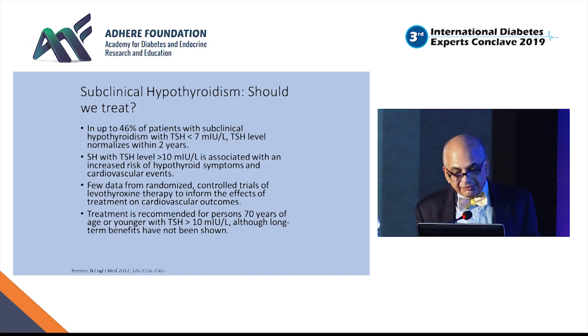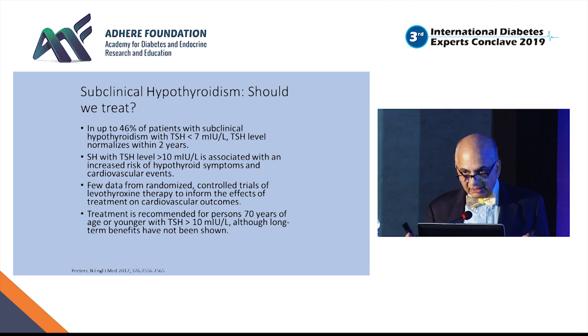In up to almost 50% of patients with subclinical hypothyroidism with a TSH less than 7, if you do nothing, the levels are normalized within 2 years. In those with a TSH greater than 10, there's an increased risk of further progression of the hypothyroidism and them developing symptoms and maybe cardiovascular events.